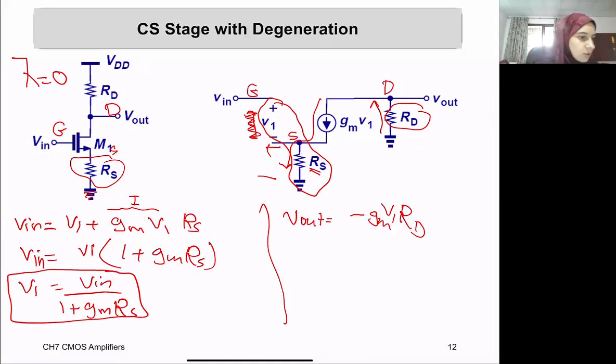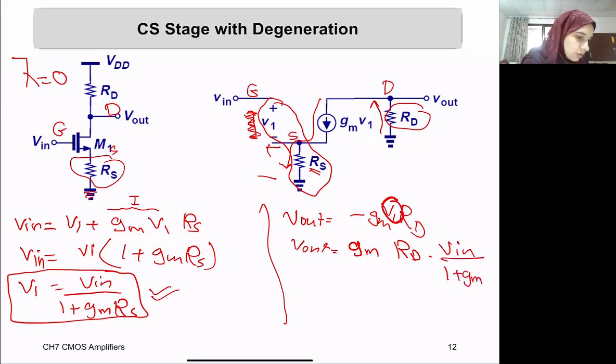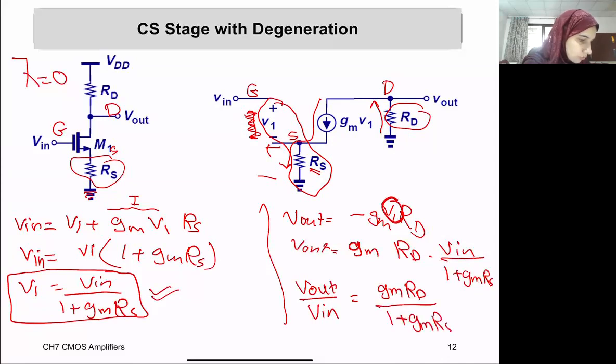So now Vout equals Gm multiplied with Rd, and I want to replace this V1 with the relation that we derived here, so it will be Vn divided by 1 plus Gm Rs. So Vout over Vn equals minus Gm Rd over 1 plus Gm Rs.